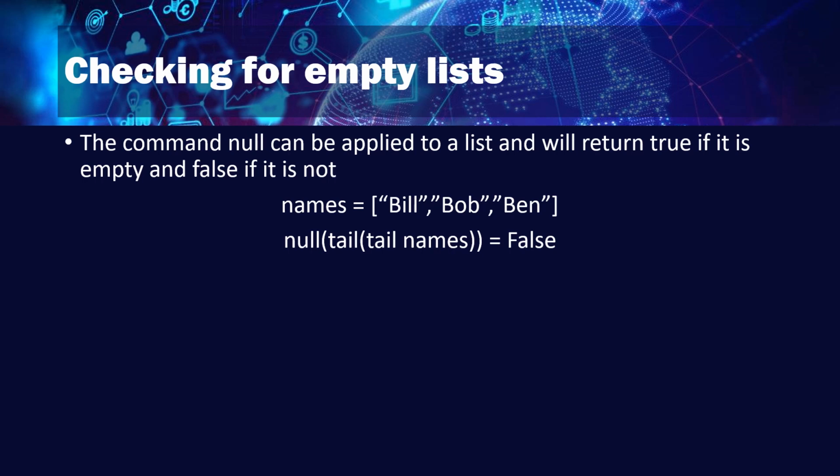However, if we ask for null tail of tail of tail of names, well, the tail of names, as we saw, is Bob and Ben. The tail of that is a list with just Ben, and the tail of that is an empty list, so null would be true.